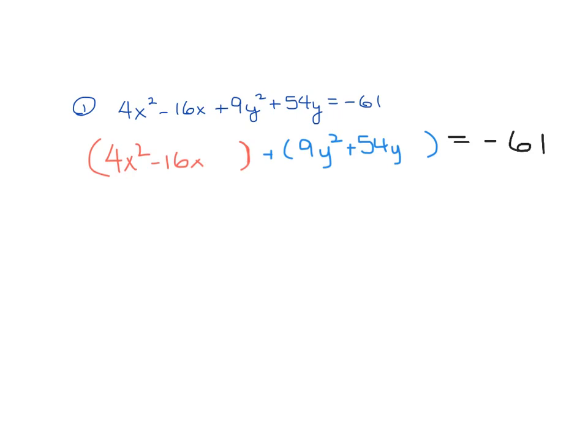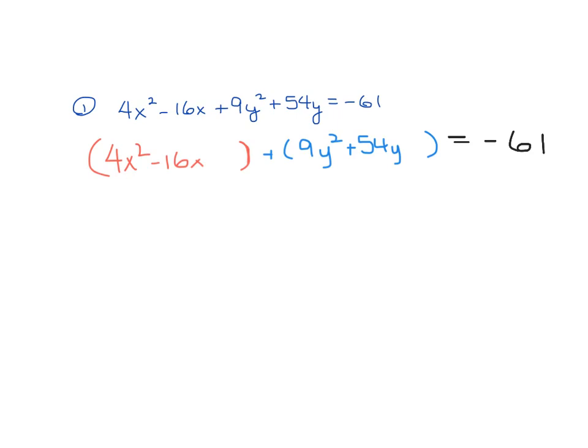But for completing the square for the ellipse and the hyperbola, I am going to move the constant to the other side. So my first step in completing the square is to make sure that there's not a number in front of x squared or y squared. So essentially what we're doing here is completing the square. I'm going to complete the square for the red one, and I'm going to complete the square for the blue one.